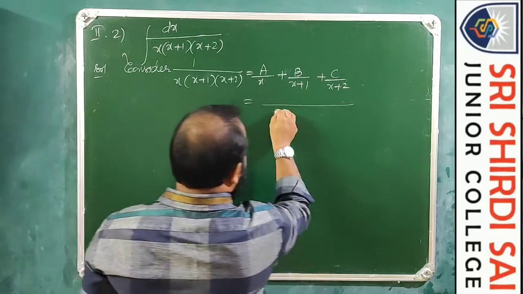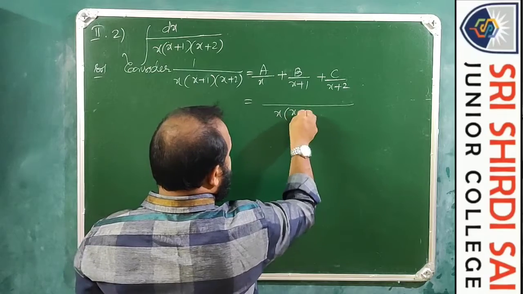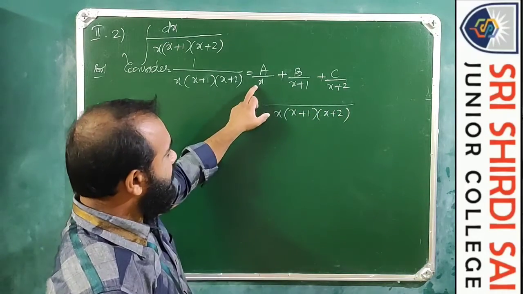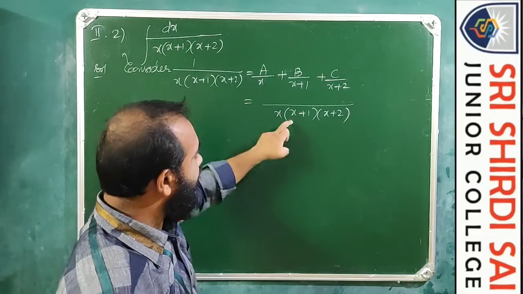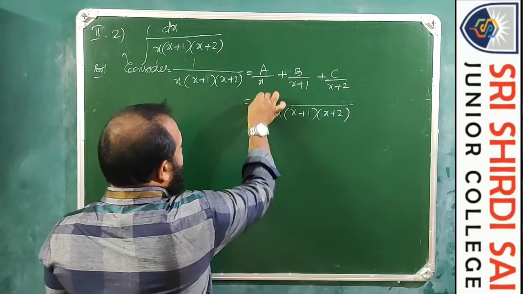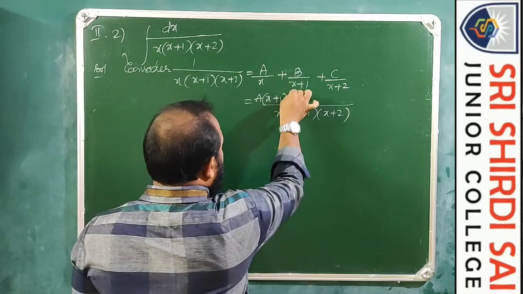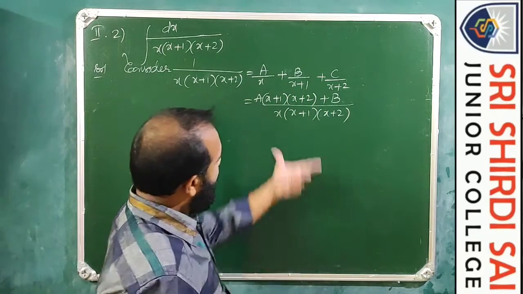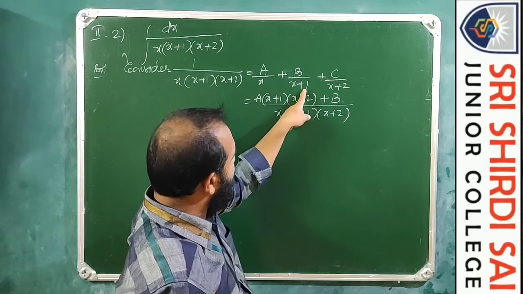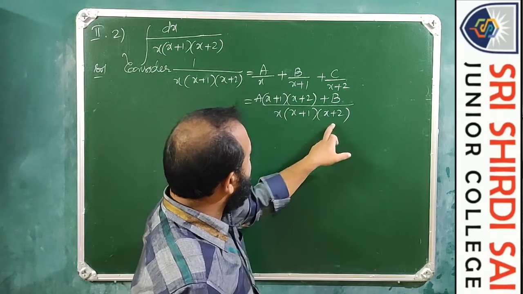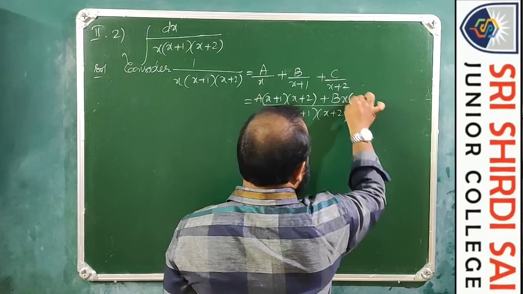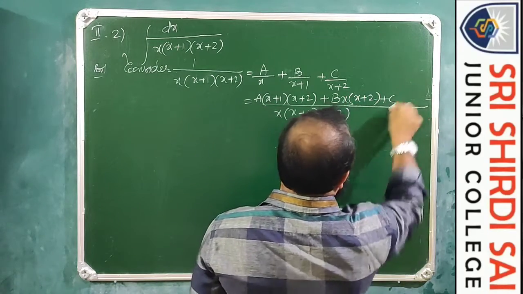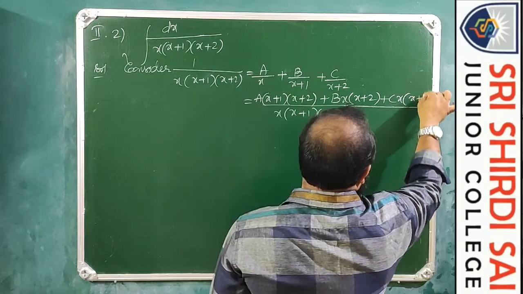On finding the LCM, x into x plus 1 into x plus 2, divided by x, x gets cancelled: A into x plus 1 into x plus 2. Plus B into, x plus 1 gets cancelled, x into x plus 2 into B, so Bx into x plus 2, plus C into x plus 1.